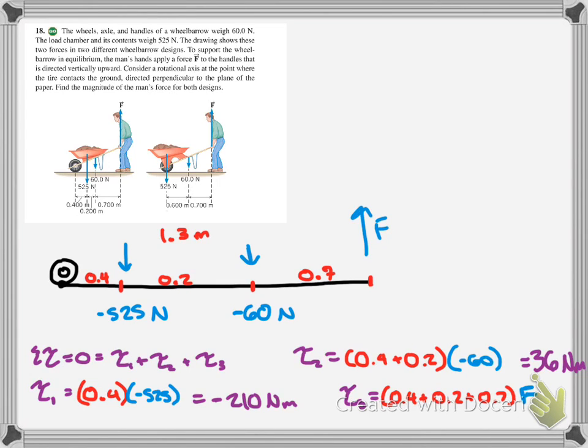And torque 2 is equal to 0.4 plus 0.2, which is the distance, multiplied by negative 60, which gives you negative 36 newton meters. And then torque 3 is just 1.3 F, or the addition of all those distances.